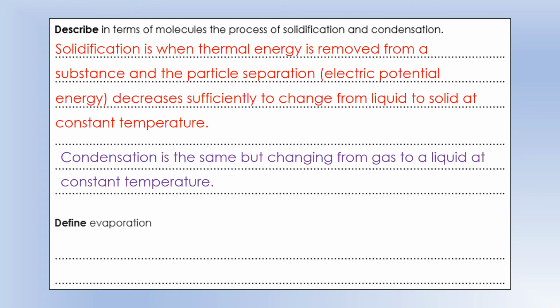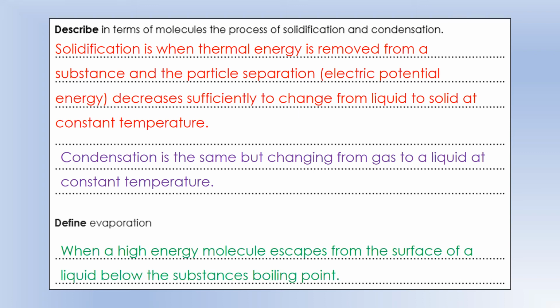Again, all of these at the moment are constant temperature processes. The one that isn't at constant temperature is evaporation, which is why we'll look at that now. This is when high energy molecules can escape from the surface of a liquid, but at a temperature below the substance's boiling point. So this isn't a constant temperature process, which we'll look at now.